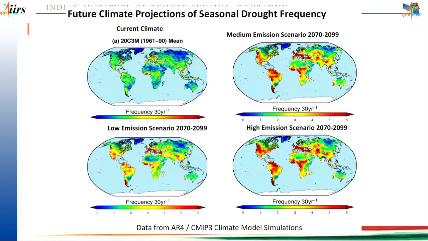In India also there may be around 3 to 4 years of drought in 30 years. So India is also going to be affected, but other areas are okay. This area, particularly western higher latitude, also Africa, particularly South America, they are all going to experience an increase in the frequency of drought.